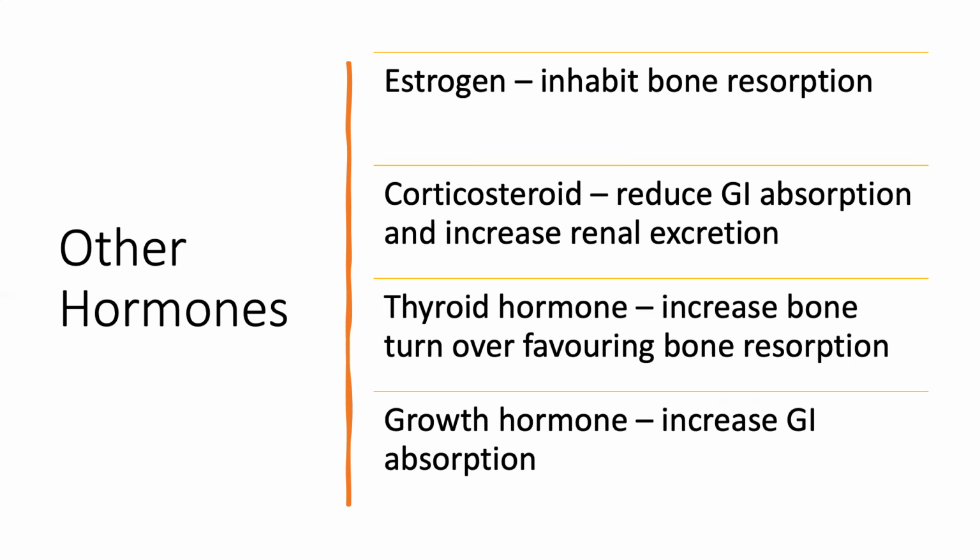Thyroid hormone increases bone turnover, and by doing so, it favors bone resorption. Therefore, in patients with hyperthyroidism, we need to keep an eye on their bone density. Growth hormone increases the gastrointestinal tract absorption of calcium. I'm going to stop here.